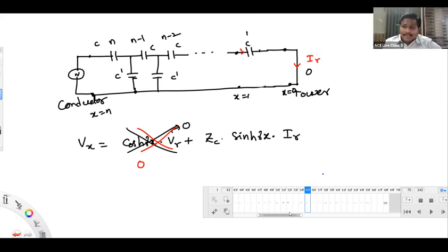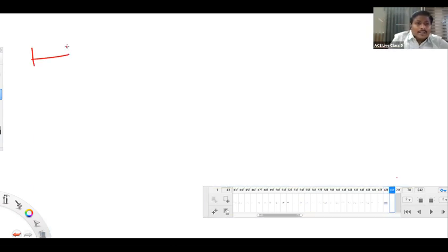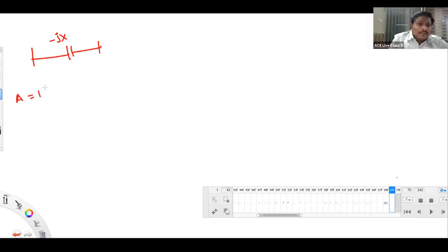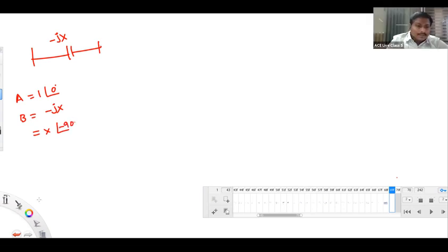Then see, you have the transfer reactance as minus jX. What's the parameter A? 1 at an angle 0. What's the parameter B? You write minus jX, or you write it as X at an angle minus 90. Then what is the power equation at the receiving end, PR?